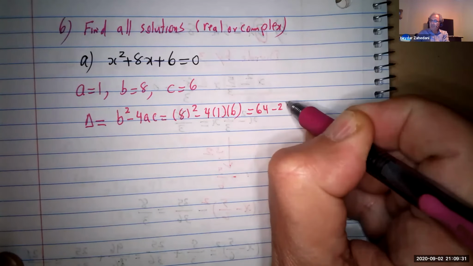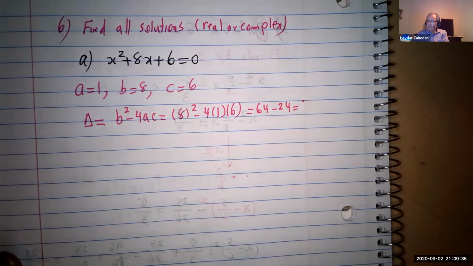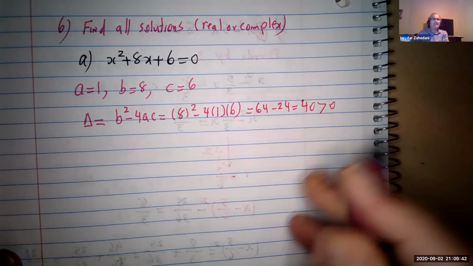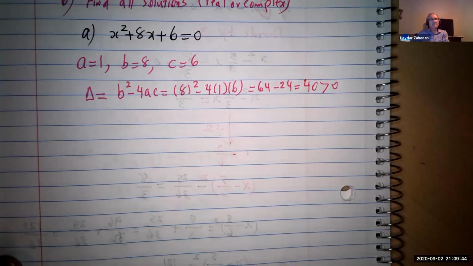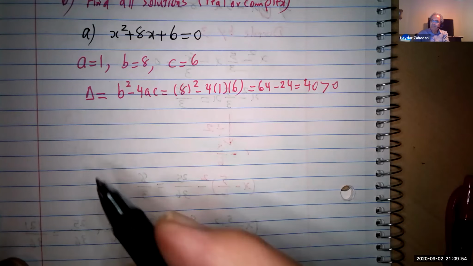This would be 24. So 64 minus 24, the result is going to be 40. It's positive, so you are not going to get complex numbers for this one. It's not a perfect square, it doesn't matter. So bring the formula and get it.